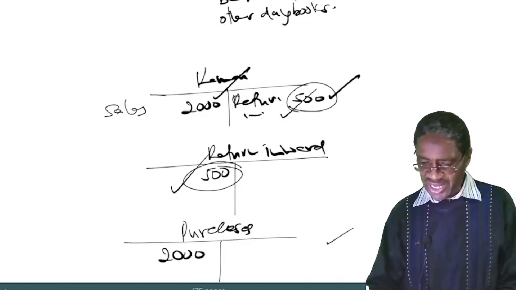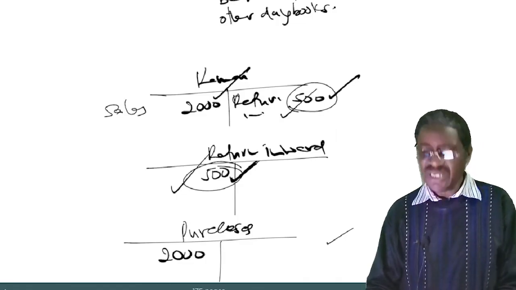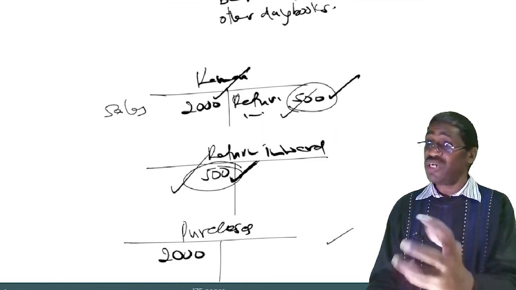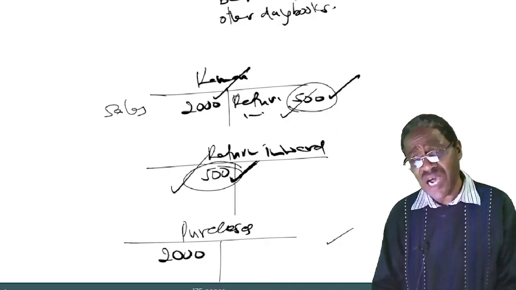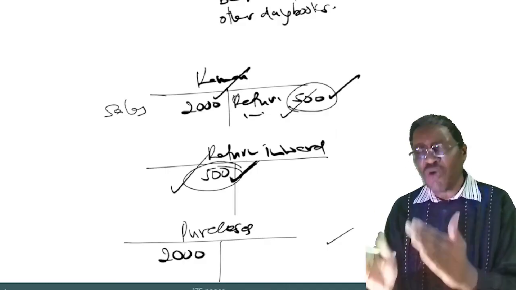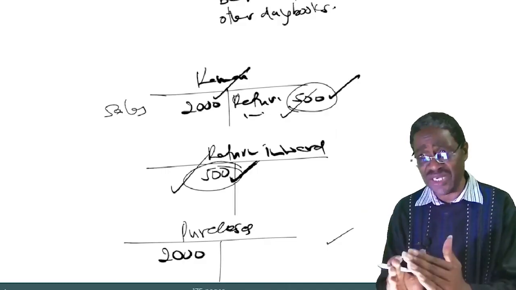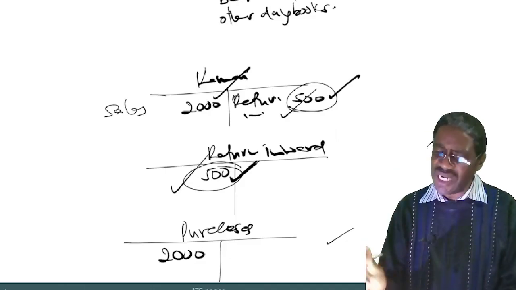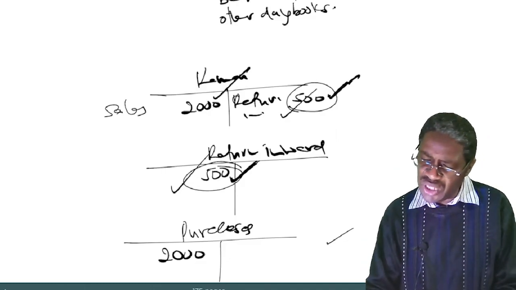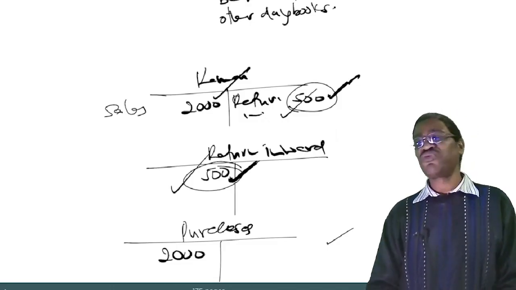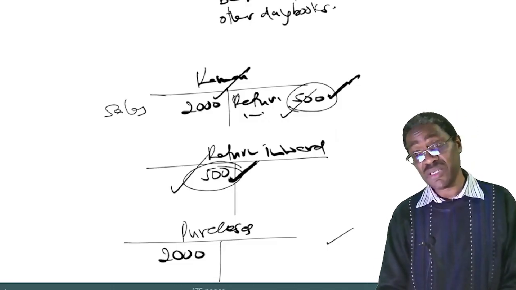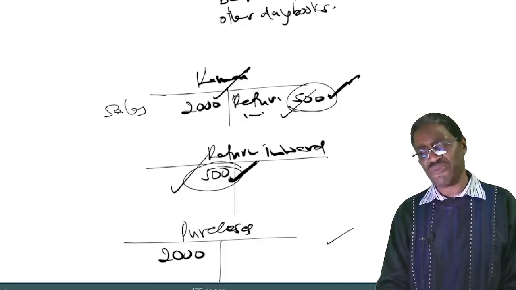And of course, we have agreed you debit an account called return inwards, or what we also call sales returns account. But now, listen, the source of information for this 500, so that you as an accountant come and credit Kamau here to reduce what he owes you, and you have your sales return account debited. Where did you get that information from?